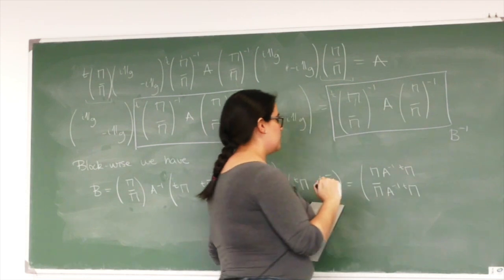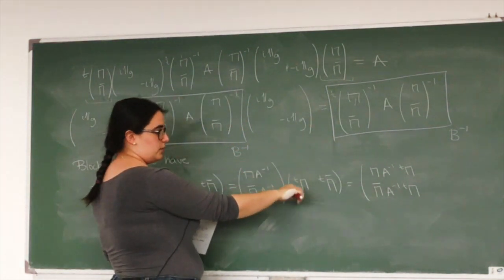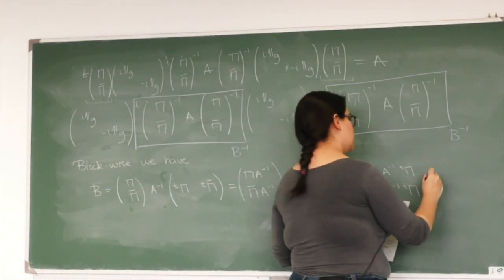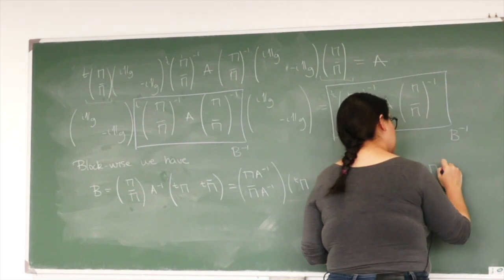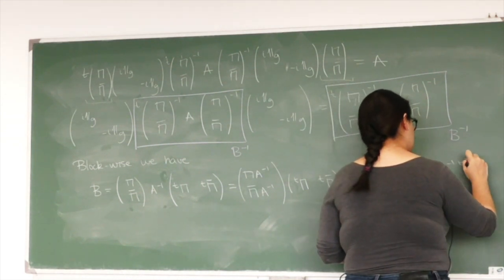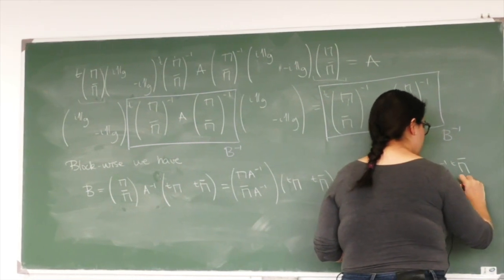Now we have the conjugate, so the first column, second row, it's the second row of the first column of the second. We continue. So we now get pi A inverse, the transpose of pi conjugate A inverse, transpose.